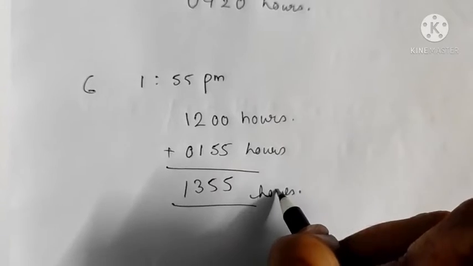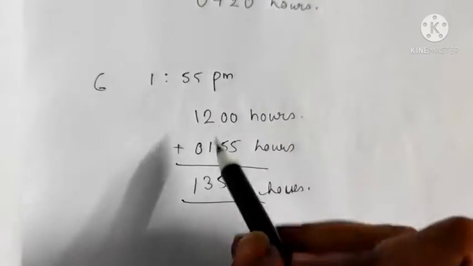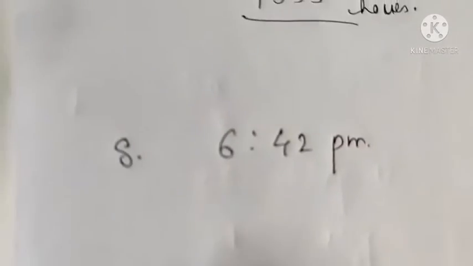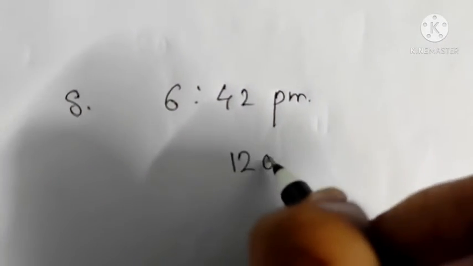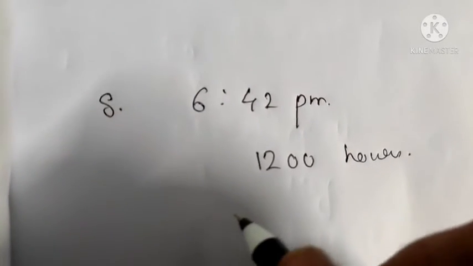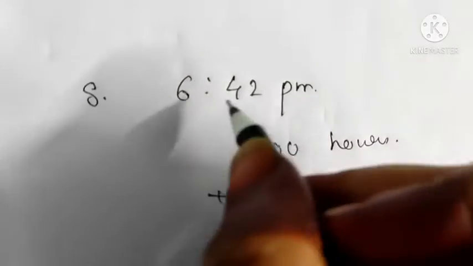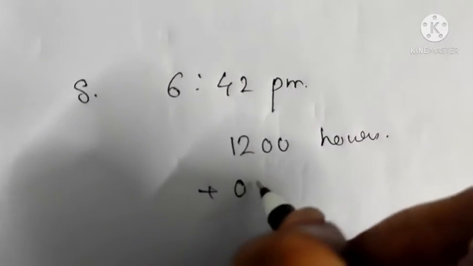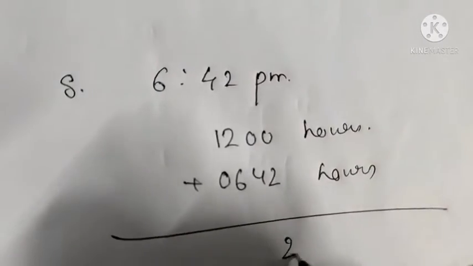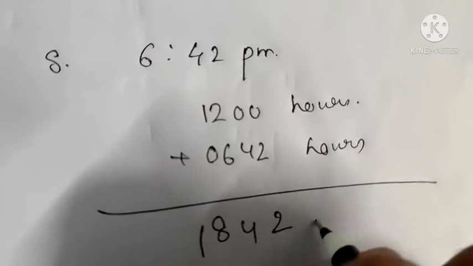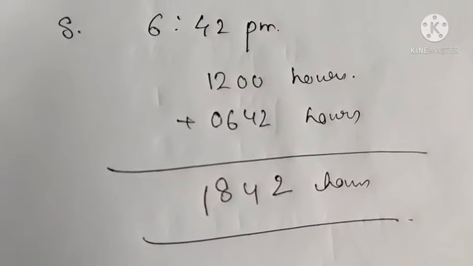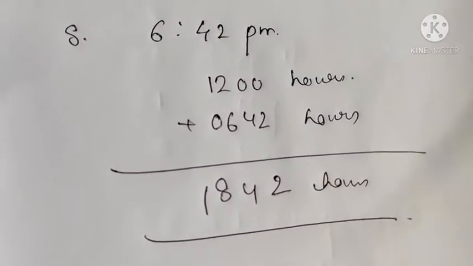So this is how we have converted into 24-hour clock time. Now number 8, 6:42 p.m. So again here we add 12 hours. First we change this into 24-hour clock time. This is how we have converted it into 24-hour clock time, 1842 hours.